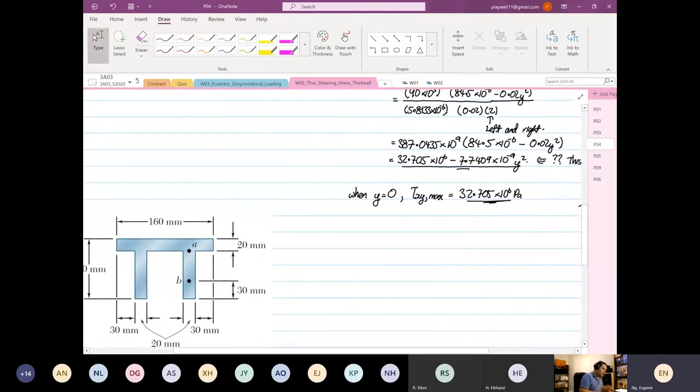Okay. So how do we know this is correct? As I say, this is teaching. You don't need to do this. But sometimes the question might ask you to find the stress distribution at the bottom web. So now we're going to derive the bottom web.